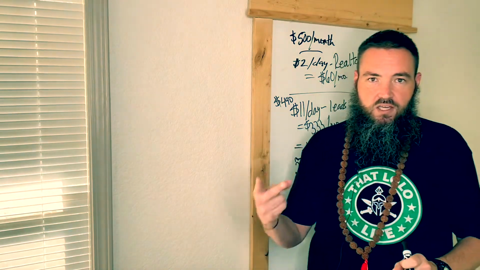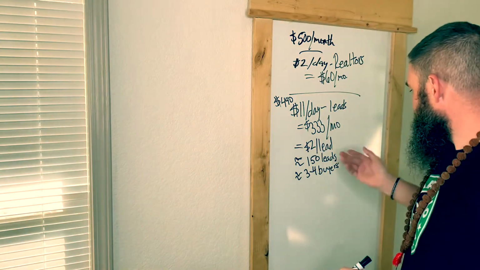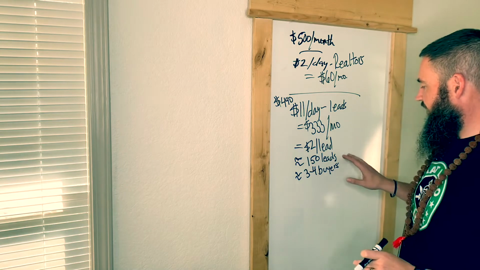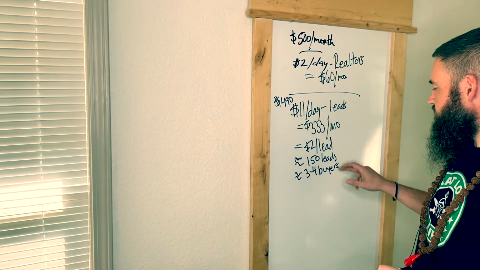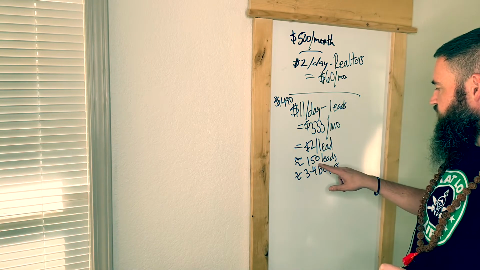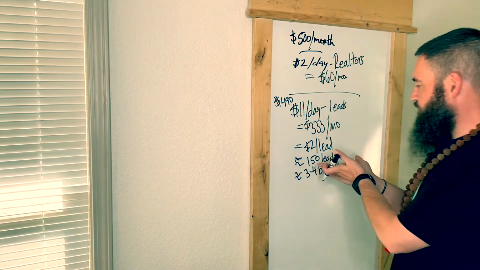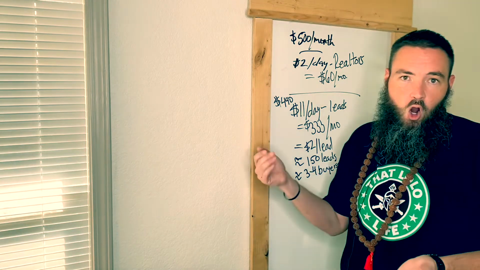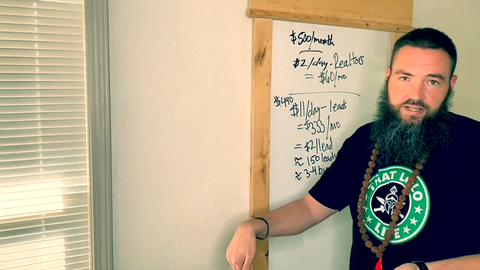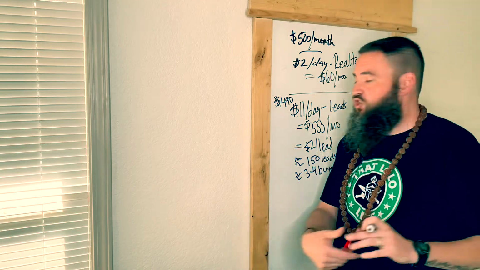We need ready, willing, and able home buyers. We should be able to convert about 3 to 4 buyers out of these 150. But that still leaves us with about 146 people that aren't right now ready, willing, and able buyers that we want to keep a relationship with.